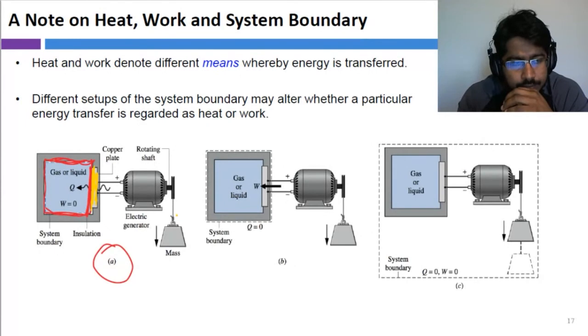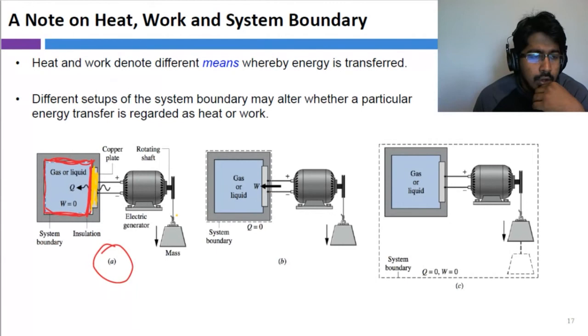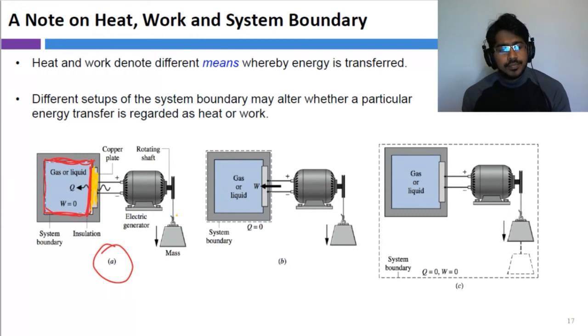So now, in the first case, consider the energy transfer between the system and the surrounding. Anything inside the red box is the system, anything outside the red box is surrounding. So how does this energy transfer happen? Is it heat or work?